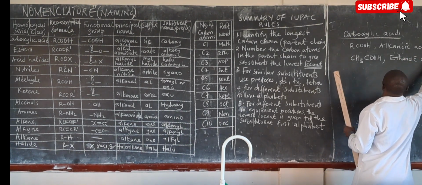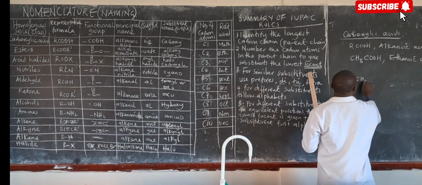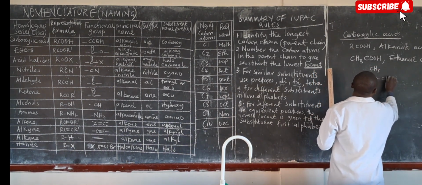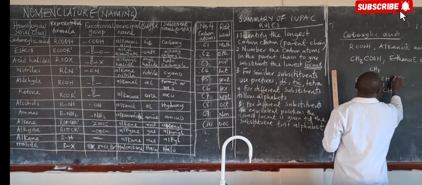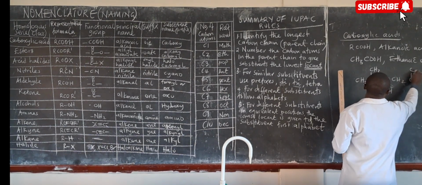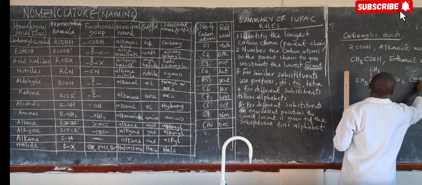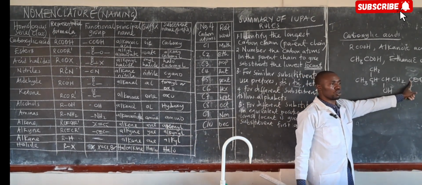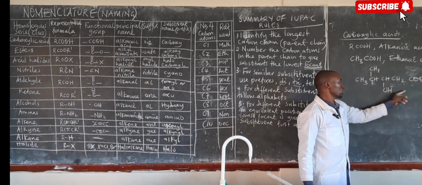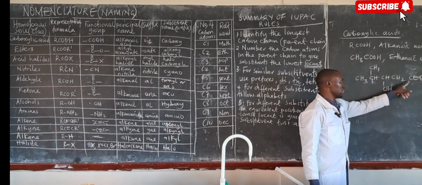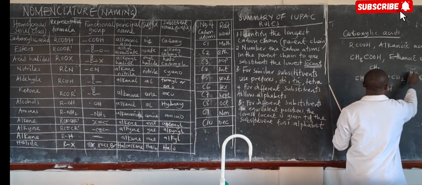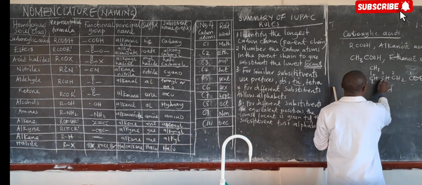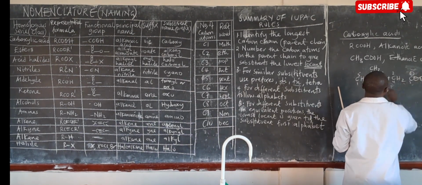If you had something like this, with OH here and a methyl at the end of the chain, you would still number from this way, the COOH being the priority group, giving it the lowest digit, which is 1.